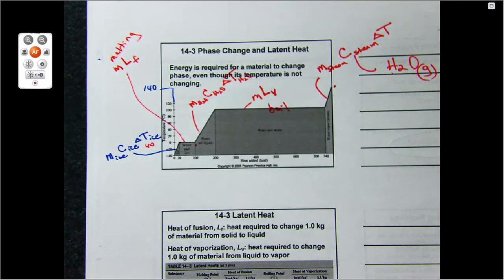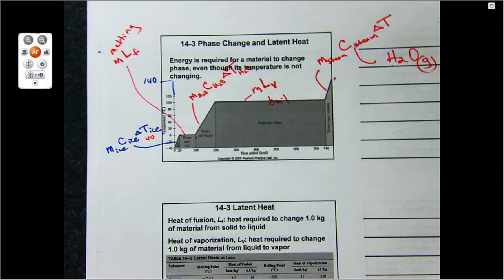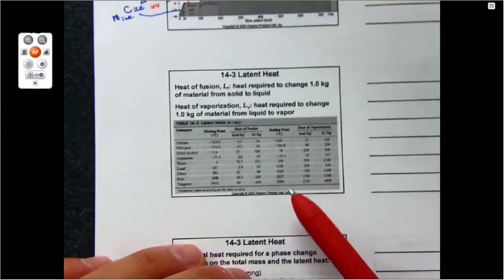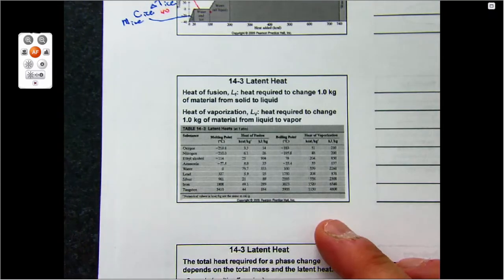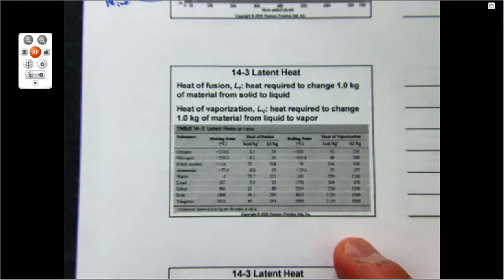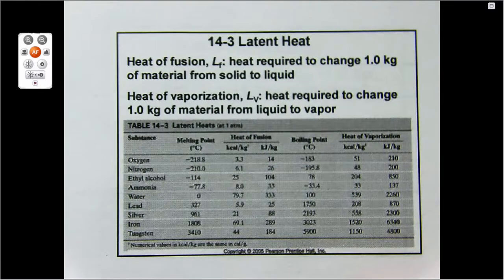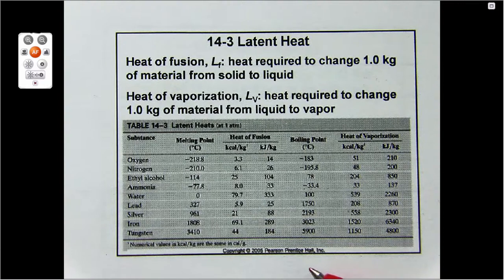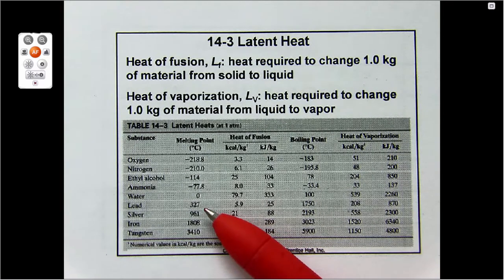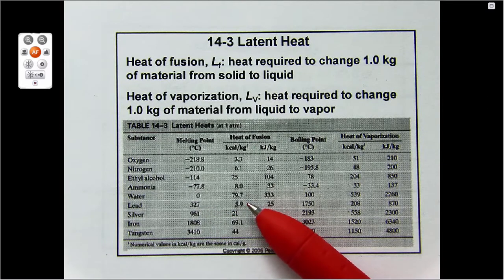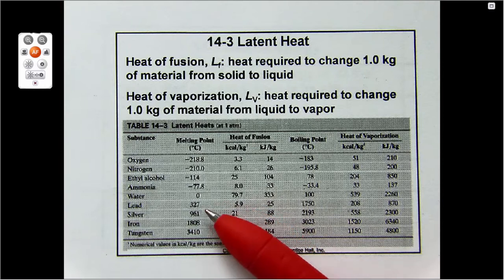Now, we can have the same thing down here. You have to know the boiling points and freezing points, so this chart actually has it. So we can take lead. Lead melts at 327. The heat of fusion, if you're going to melt it all, so the melting point is 327, so you'd have to take it from 20, and this is easy to do.